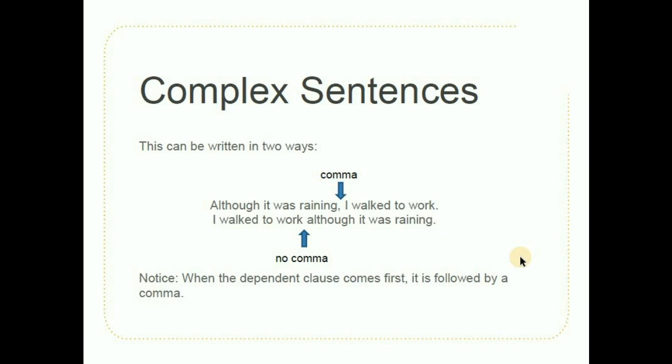When the dependent clause comes second, as we can see in this example, there should be no comma. When the dependent clause comes first, we need to use a comma. This is always the case with the complex sentences. It's not something we think about when we're speaking, but when we're writing, it is quite important.